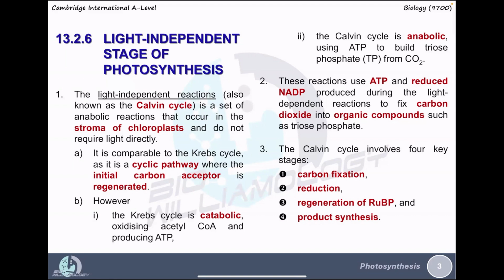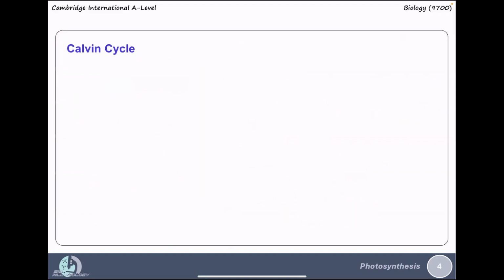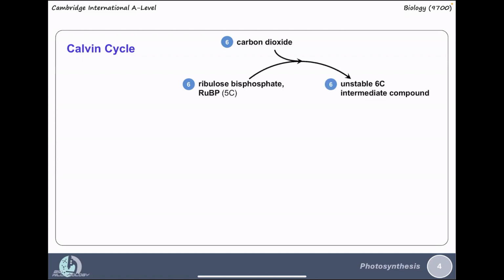Let us look at the reaction. During carbon dioxide fixation in the Calvin cycle, ribulose bisphosphate, RuBP, with 5 carbons, reacts with carbon dioxide to form an unstable 6-carbon intermediate compound.